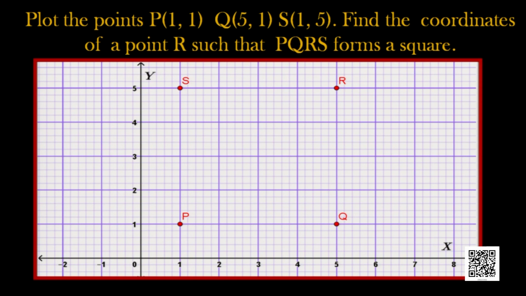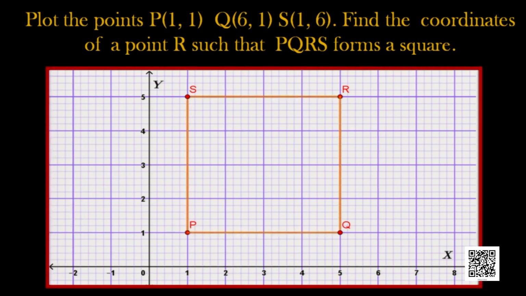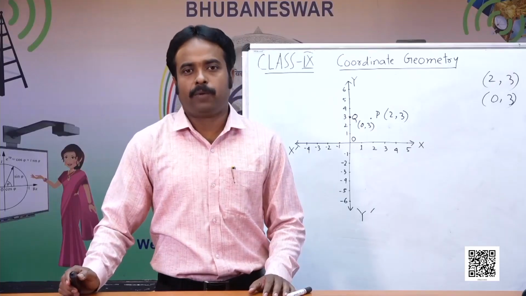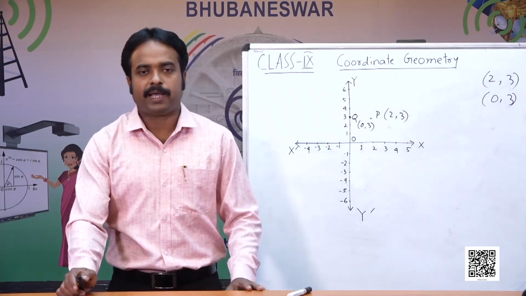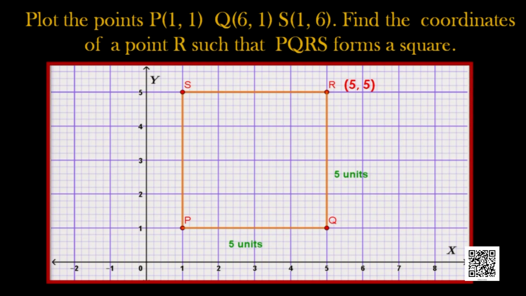Now if we join all these vertices with straight lines, then we will get PQRS. And if you observe this, it is producing a square. And the length of each side of this square is 4 units.